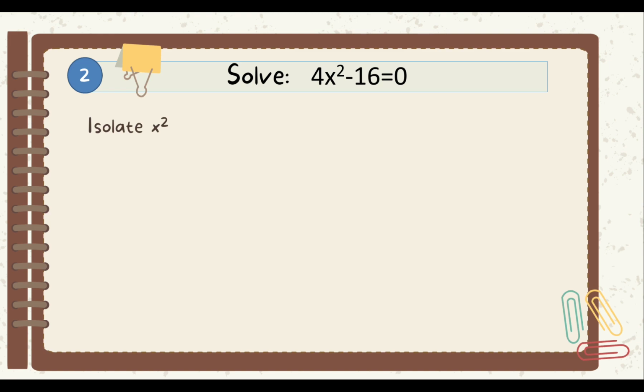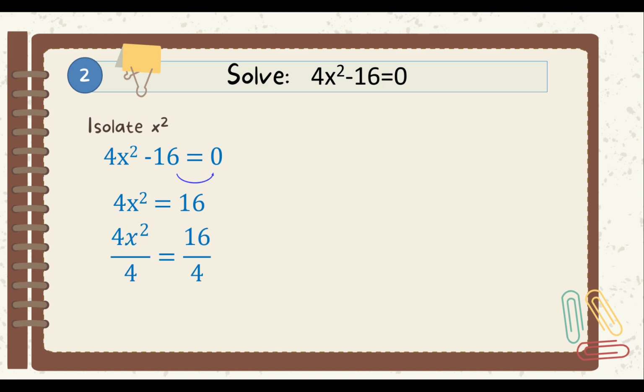We transfer the negative 16 to the other side, changing its sign, or we add a 16 to both sides of the equation. Thus, we will be arriving at 4x squared is equal to 16.